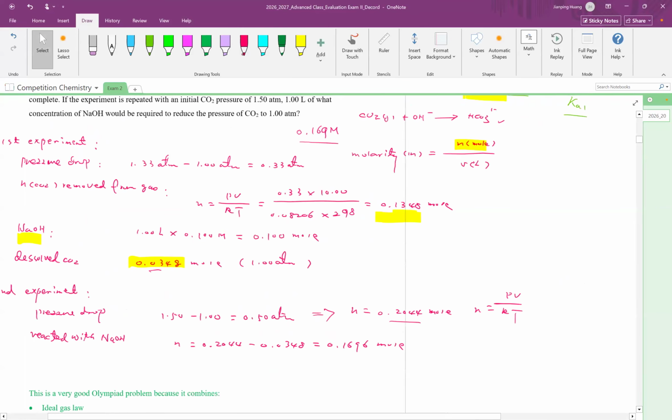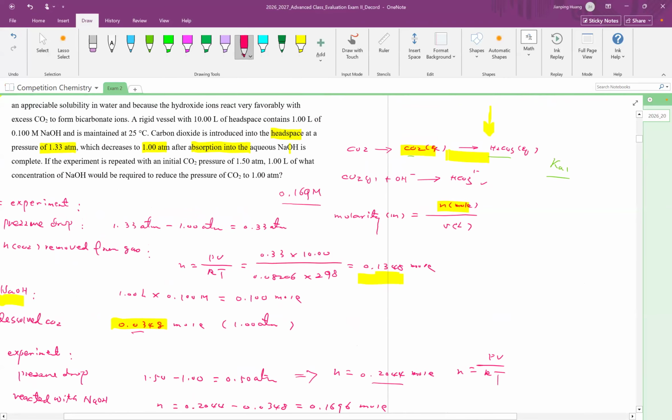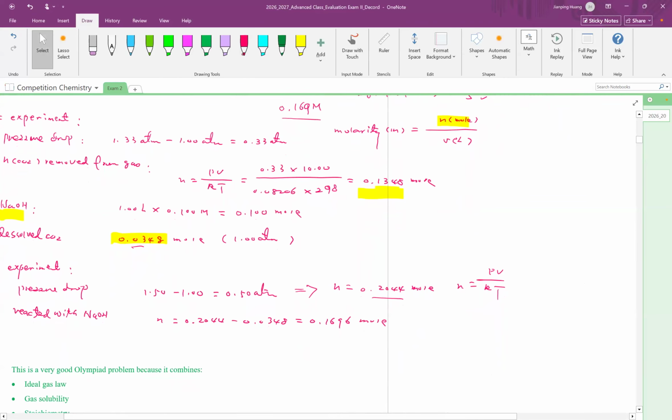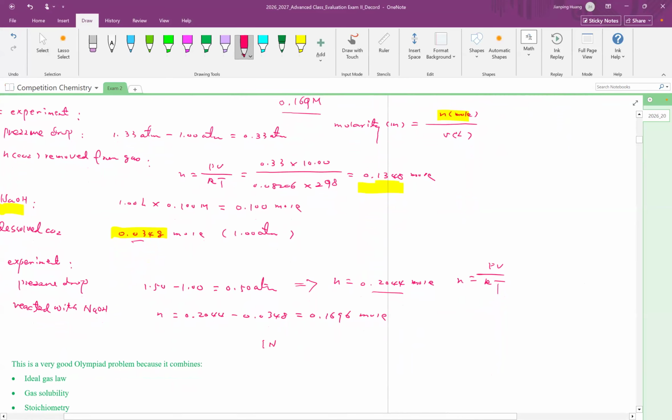Here it's a reaction. Where is my reaction here? See, it's a 1-to-1 reaction. So that we can calculate OH minus equal 0.1696 mole. You divide 1.0 liter. So you get 0.1696.